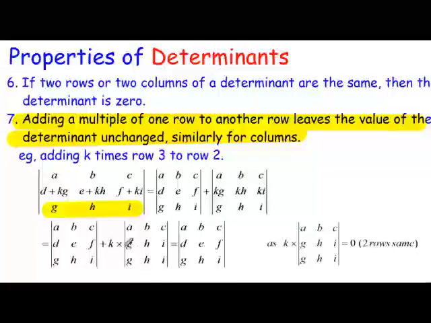If you look at this one here, you've got two rows which are the same, so its value is 0. So that manipulation didn't change the value of the determinant. Very, very handy, and we're going to do some of this shortly.